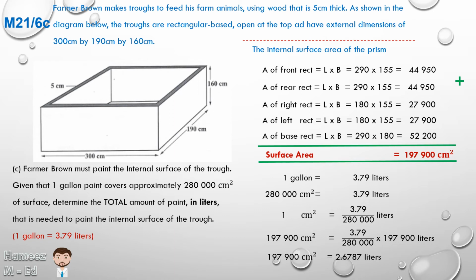That will give us 2.6787 liters. However, more than likely, when we're buying paint, we can't really buy 2.67 liters. More than likely, he will be able to buy 3 liters of paint.